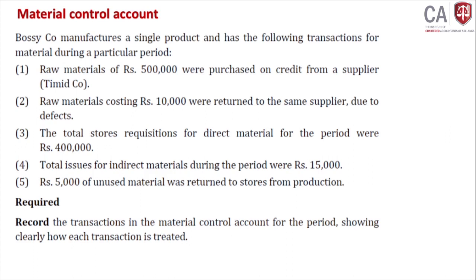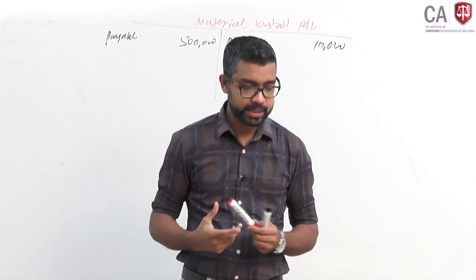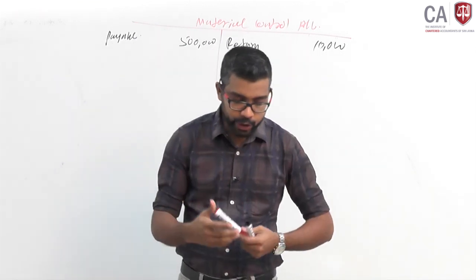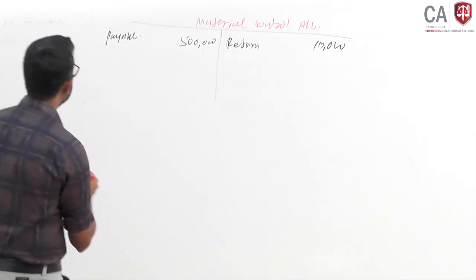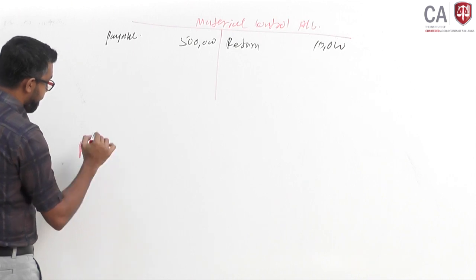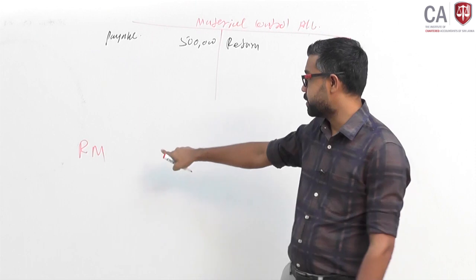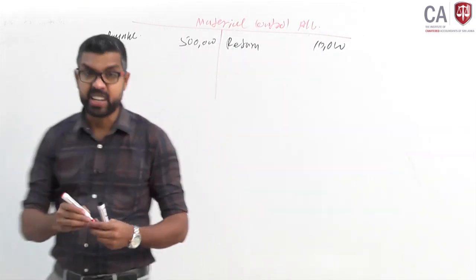Third one, the total store requisition for direct material for the period was 400,000. Now, we are talking about integrated accounting, no? Here, let me change this a little. Listen carefully. If you look at your process, what will you do first? You will purchase raw material. Once you purchase raw material, that will add to inventory.